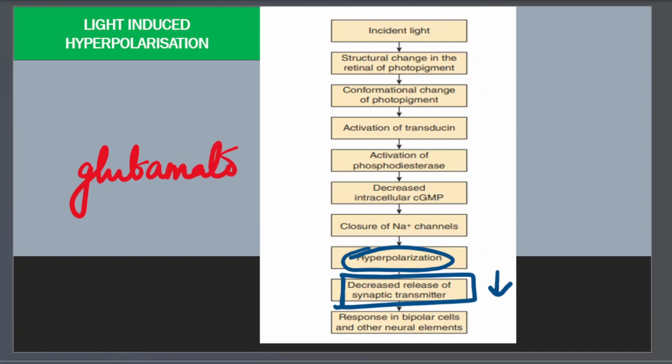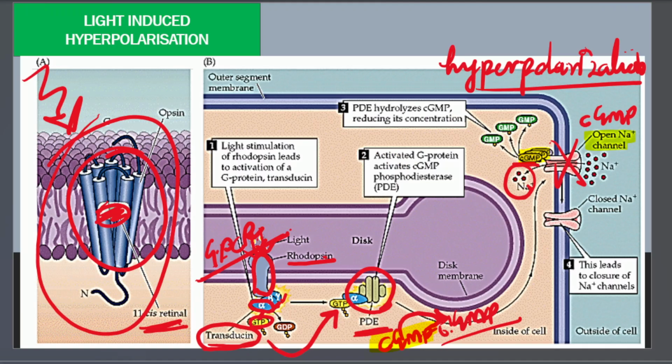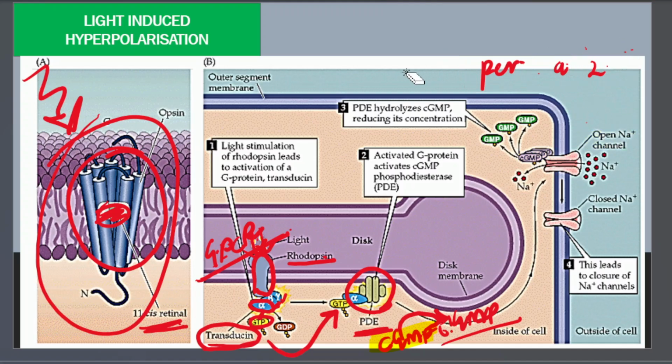Now let's again come back to this picture. In addition to sodium, you also have calcium that can enter. Not just sodium, even calcium channels are available, so calcium also will enter. So when these ion channels are closed, what will happen? Calcium entry is also reduced.